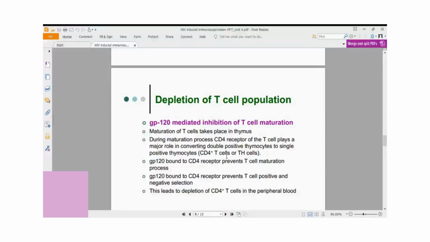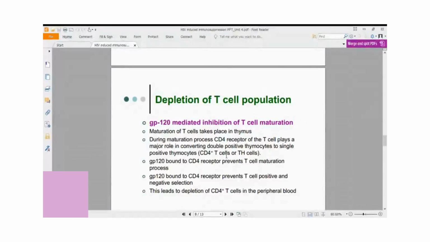For both these selection processes, which occur in the thymus, that is the process of T cell maturation, not only the T cell receptor, the CD4 receptor also plays a very important role. Remember, I had explained to you, when the self antigen is presented on class 2 MHC by thymic epithelial cells, whichever maturing T cell comes in contact with that through its TCR will mature into a CD4 T cell.